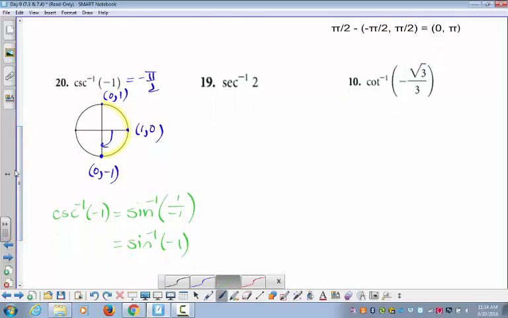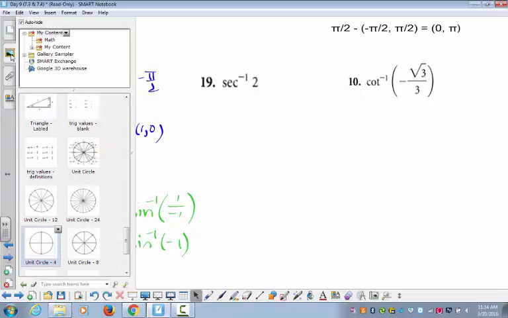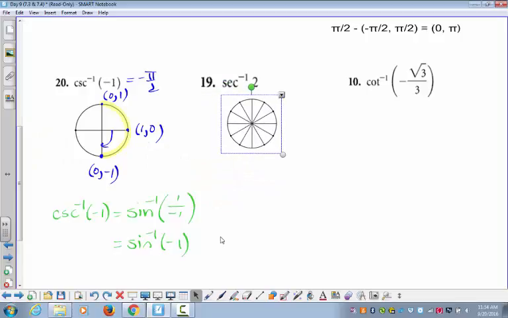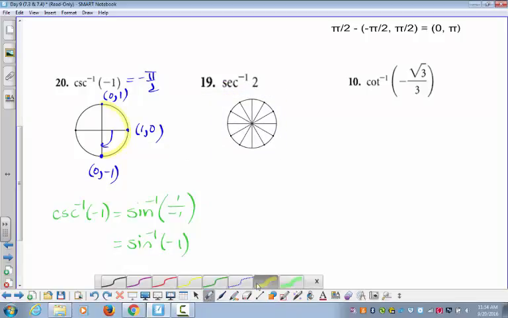Second one, inverse secant, that's going to be on the top half of the circle, just like inverse cosine. So here, if we do it directly, we'd be saying what angle on the top half of the circle has a secant value of 2. If the secant value is 2, the cosine value is 1/2.